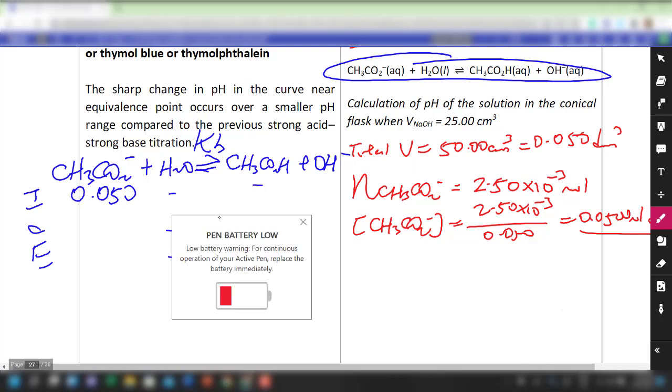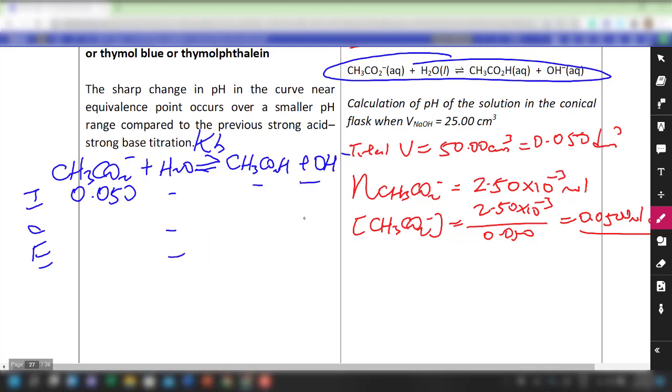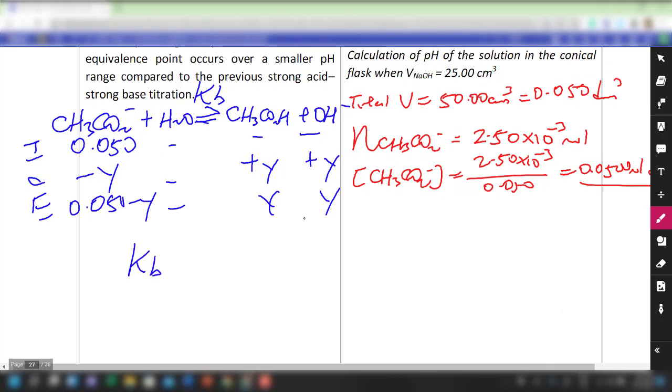Then minus Y, because this will be the concentration which ionizes. So the equilibrium concentration will be 0.050 minus Y, and then Y. Okay, and then here I'm defining Kb to be Y squared over 0.050 minus Y.